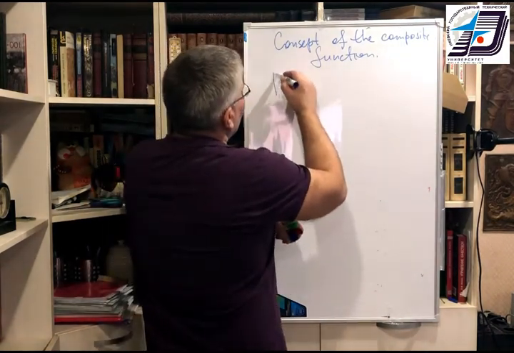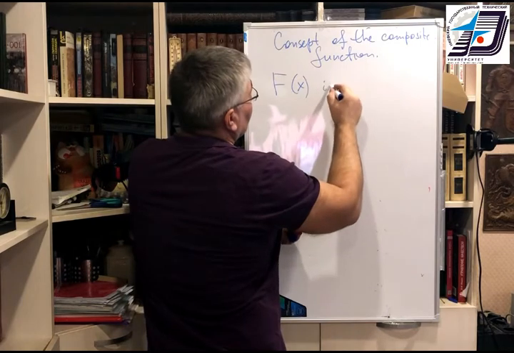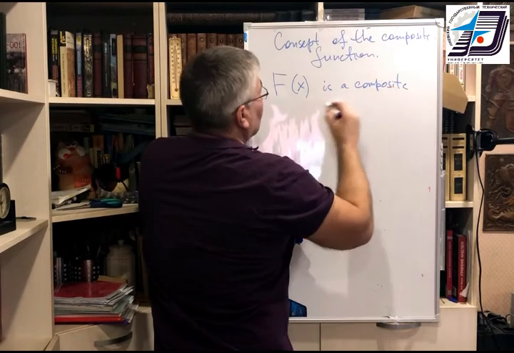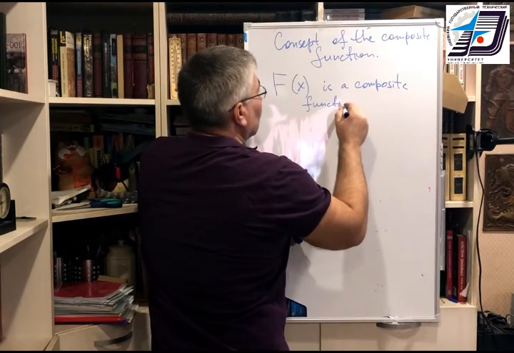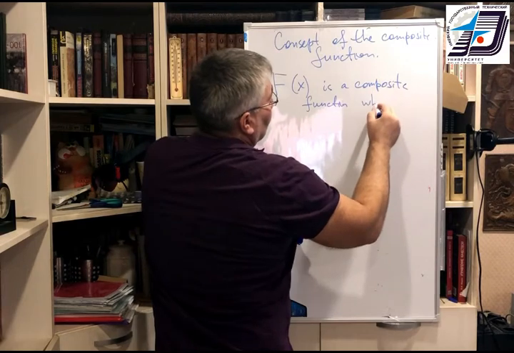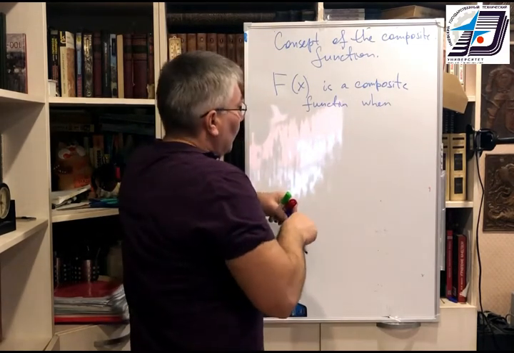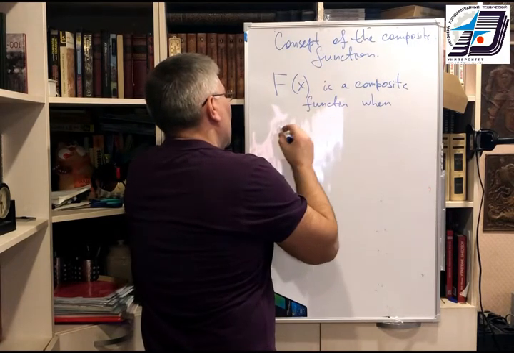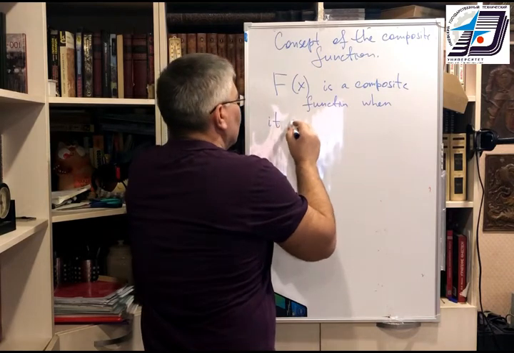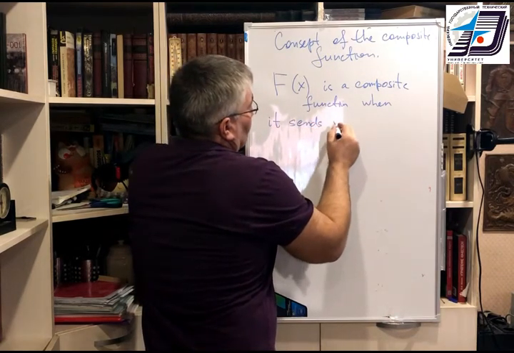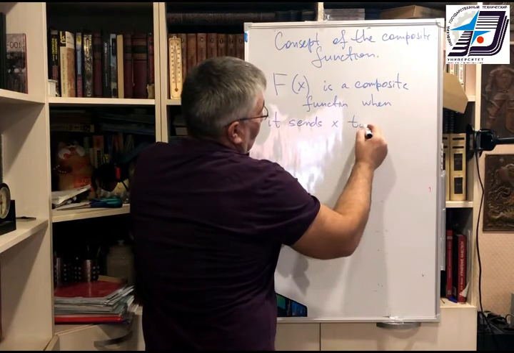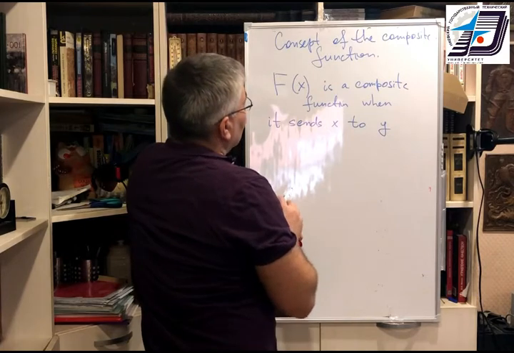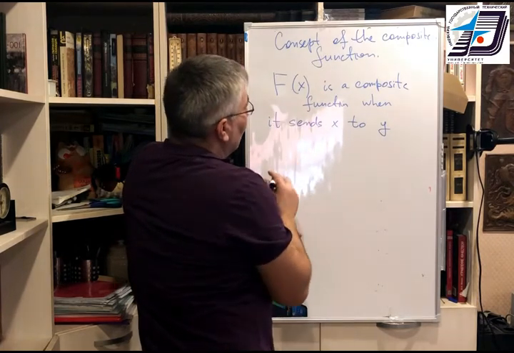So we can define f of x as a composite function when it sends x to y number, so that we can identify chains of operations.